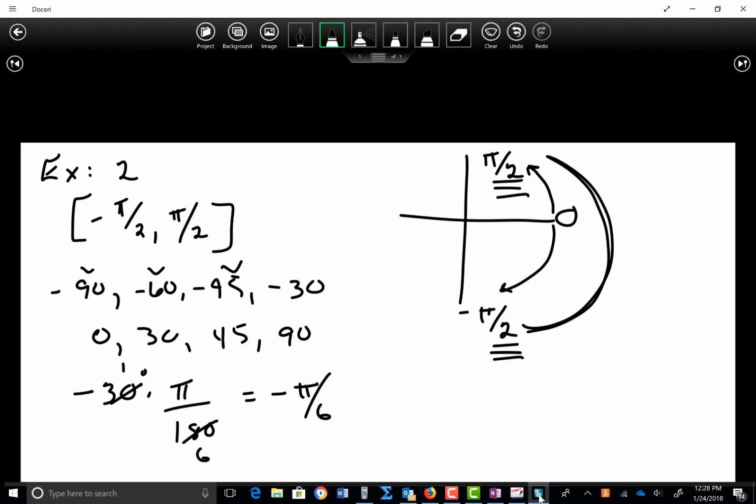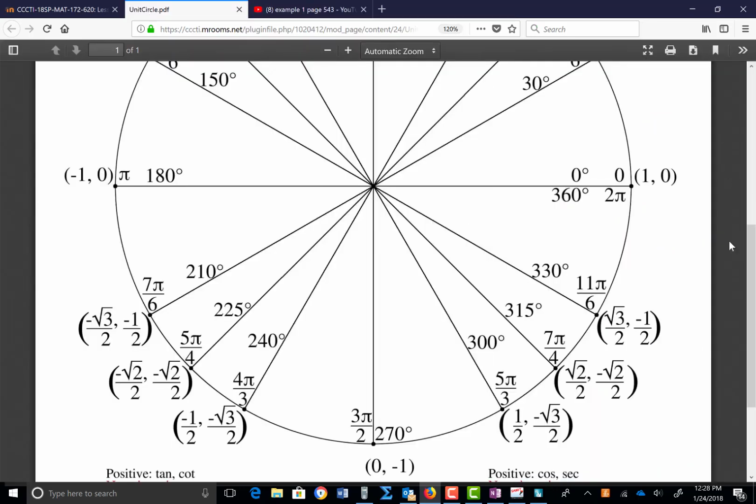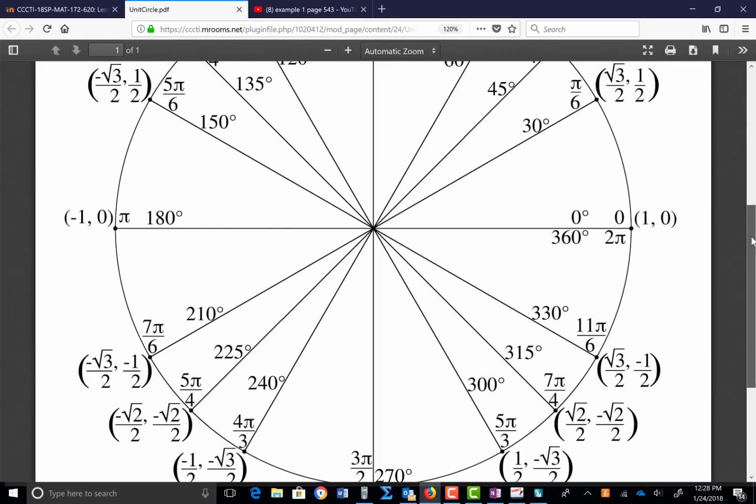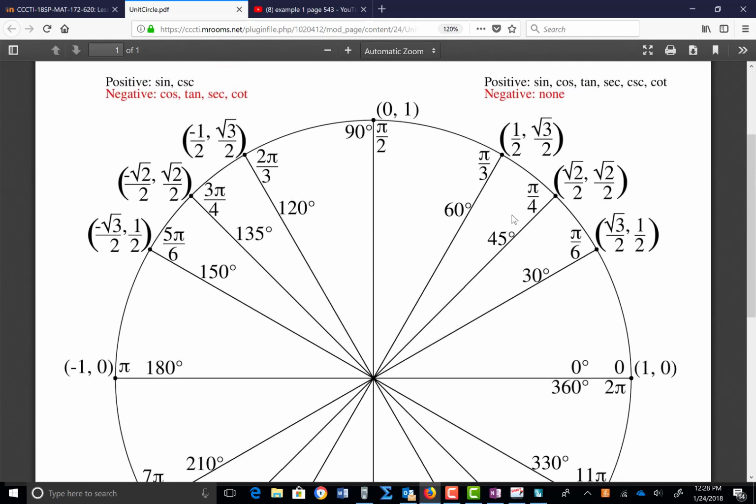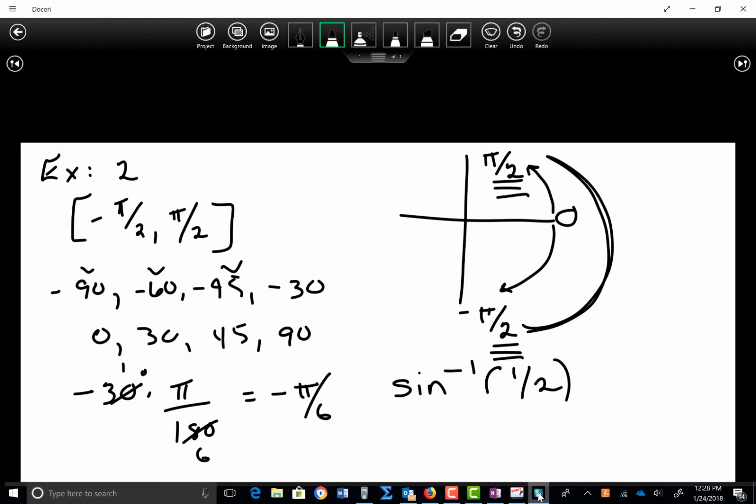But if it says inverse sine of positive 1/2, which is what the example says, and I look at my unit circle, the only place where y is positive 1/2, remember from negative 90 to positive 90, is in the first quadrant, and it would be pi over 6. So the answer to that one, because it says positive 1/2, would be positive pi over 6.